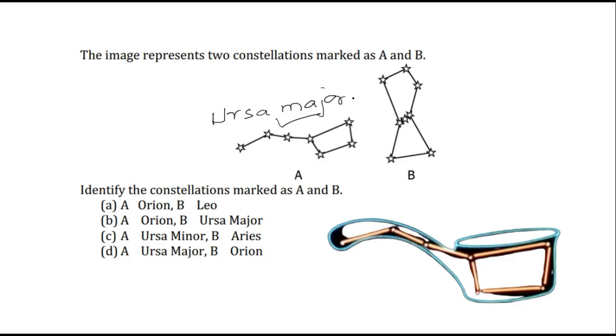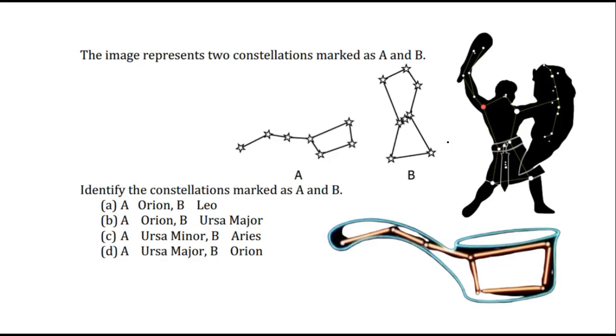Can you name one more? Its other name is also Saptarishi Mandala, right? So this is also called Saptarishi Mandala. Now this one is a hunter constellation, called Orion.